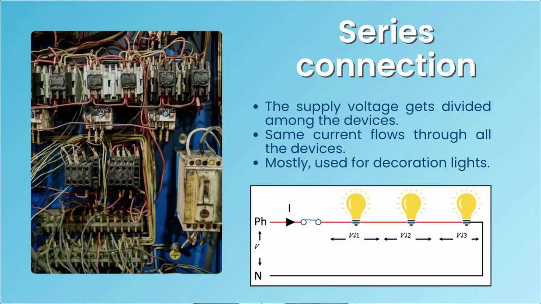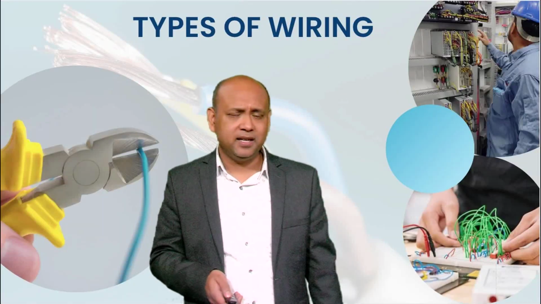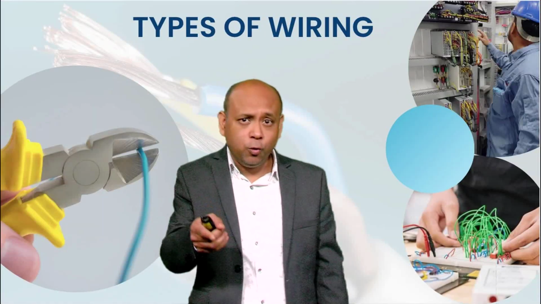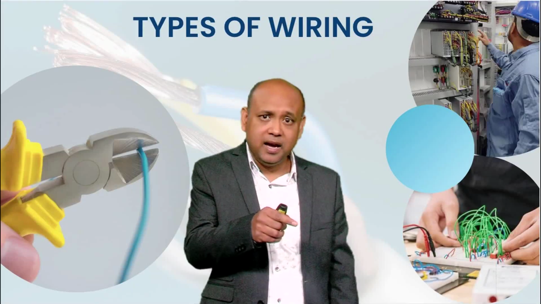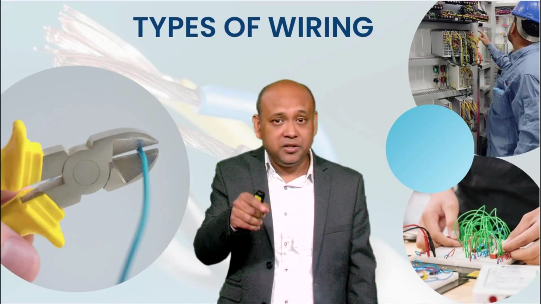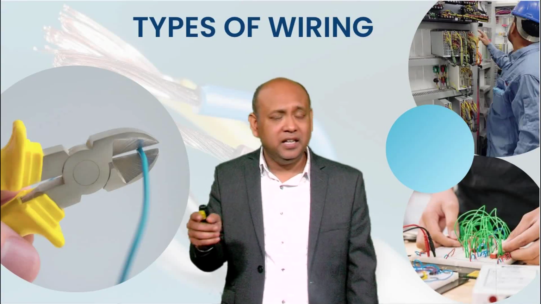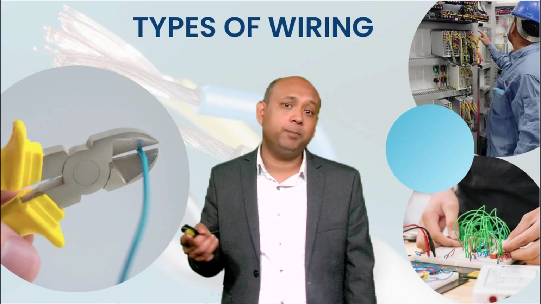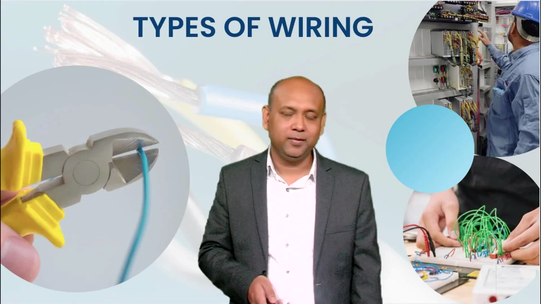Series connections are therefore mostly used for decorative lighting during festivals or similar occasions. In this case, a large number of lower voltage rated lamps are connected in series. Each series string is in turn controlled by either a manual switch or a power electronic switch.